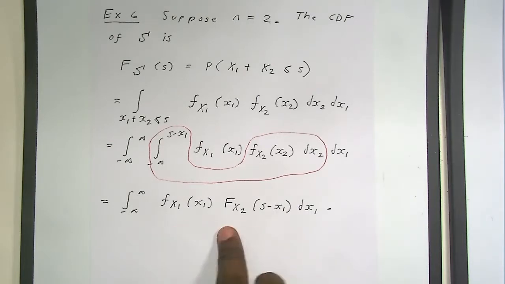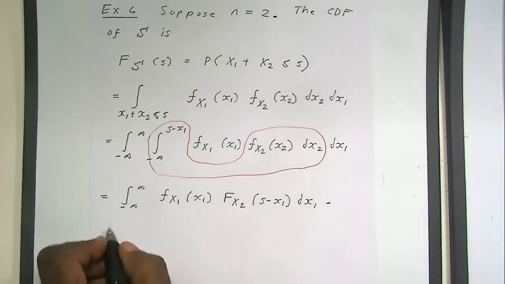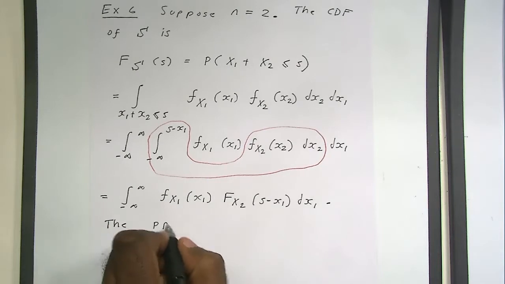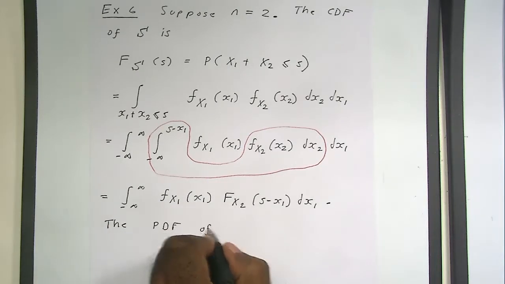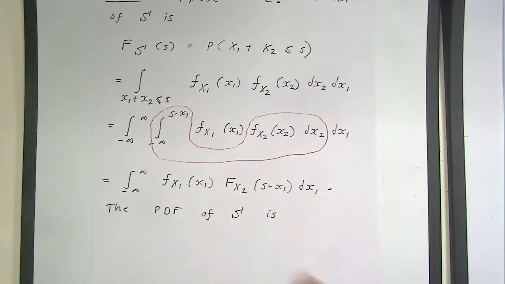You can't simplify this further because x1 and x2 are different. They are not the same, right? So you have to leave it like this. Then the next thing is the PDF. To find the PDF, you just simply differentiate this.